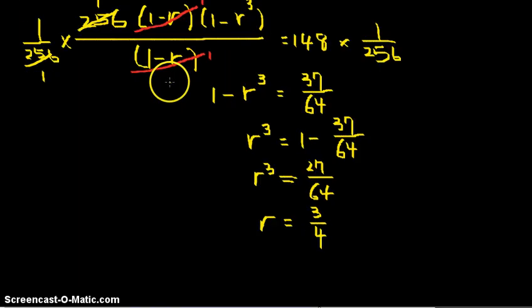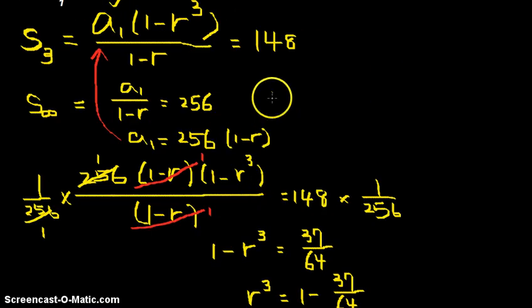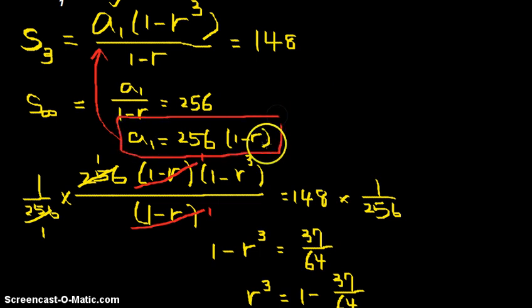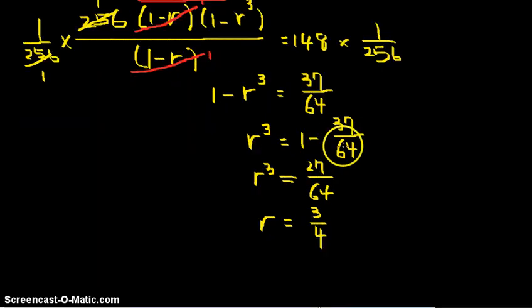Now let's find A1. For me to find A1, I'm going to use this expression right here to help me out. I can just substitute my R back in here, and then I can get my A1.